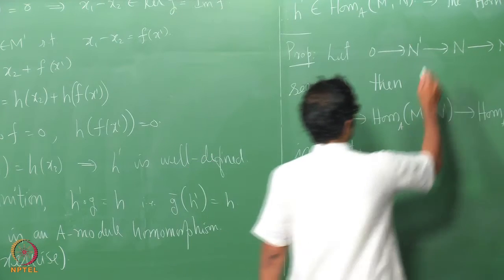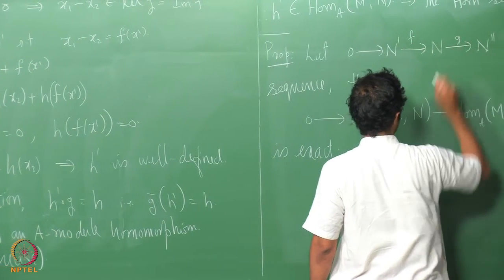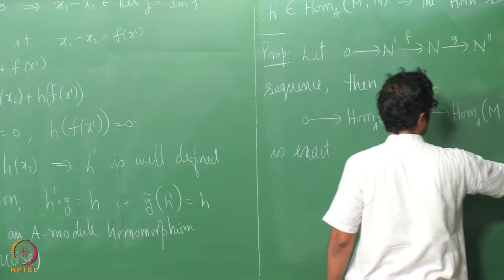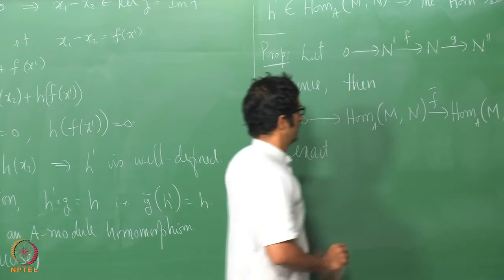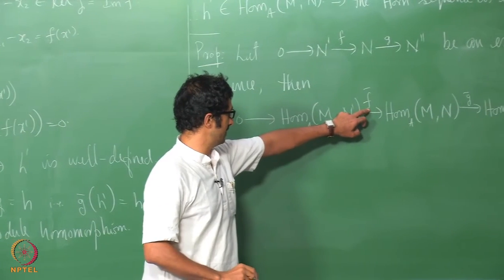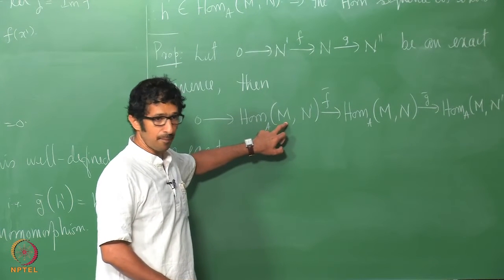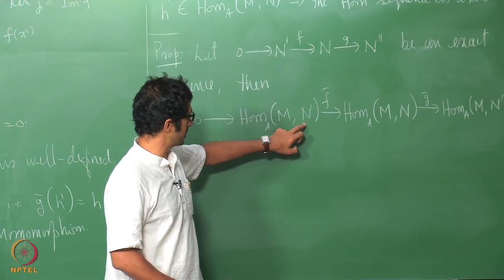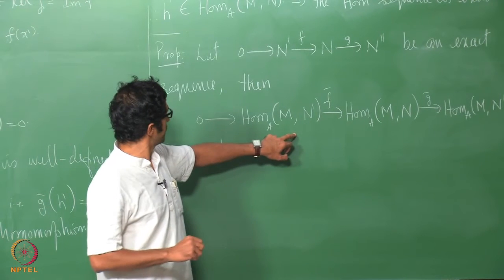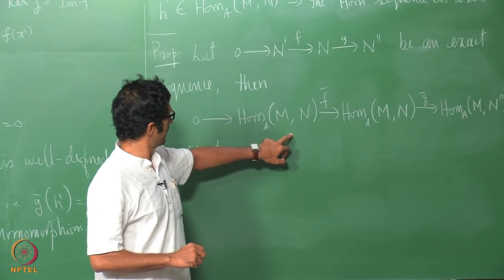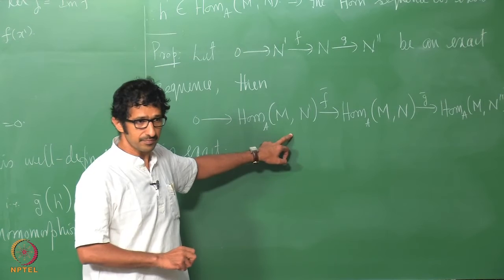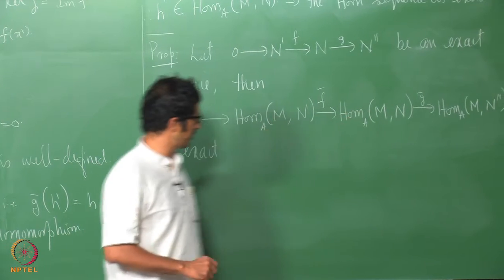So, if I call these maps f and g, these are f bar and g bar. This map takes, so if I have h here, f bar of h is f composite h, and similarly for g.